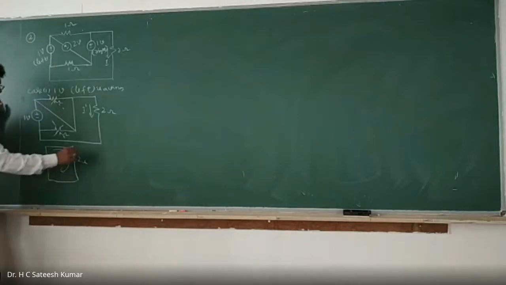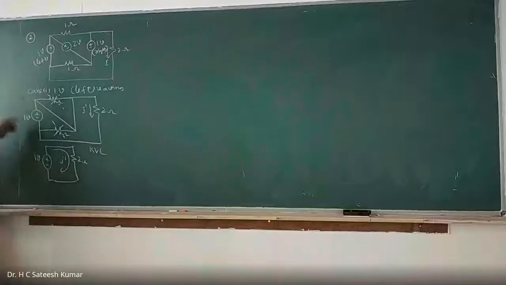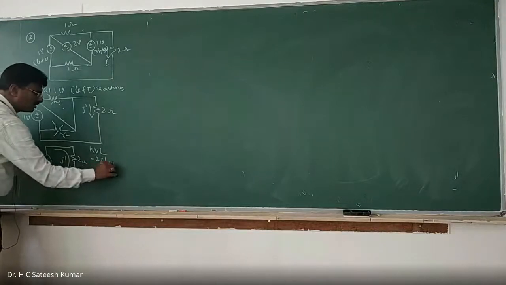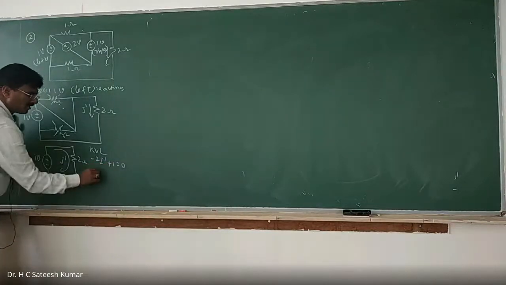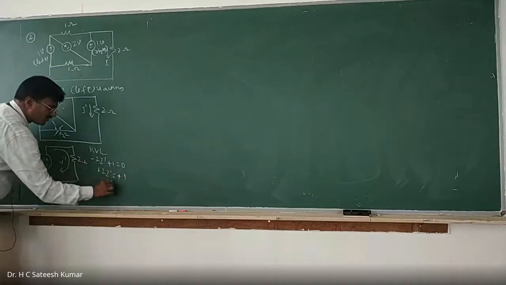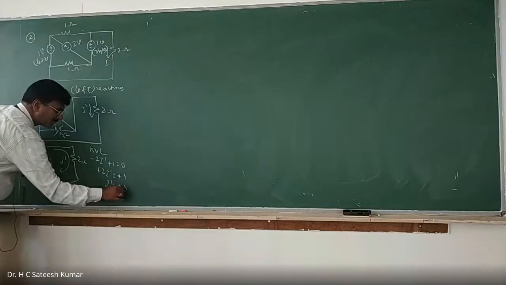Okay. KVL. Start from this point. Minus 2 I dash plus 1 is equal to 0. Minus 2 I dash is equal to minus 1. I dash is equal to 0.5 amps.